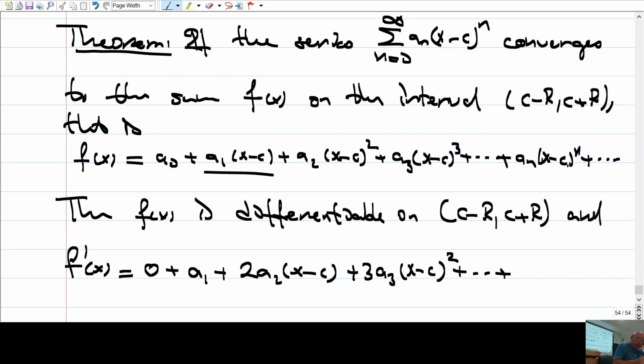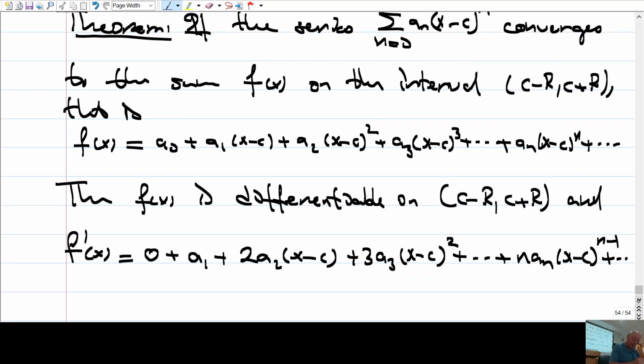And keep going. The derivative of the general term is n a_n (x minus c) to the power n minus 1, and so on. So the derivative is just what you expect.